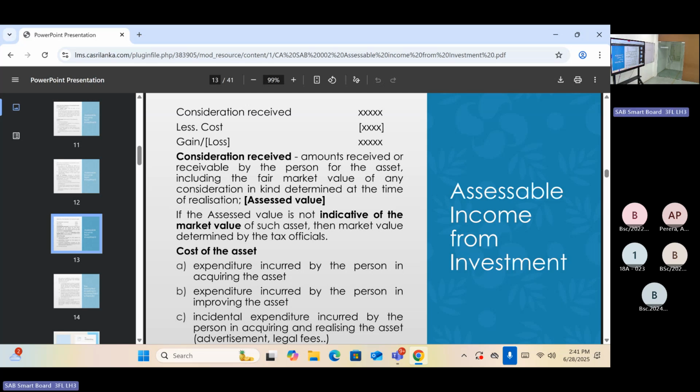Right? So the market value of the land as of 30th September 2017 was rupees 20 million. Compute the gain from the realization of the land.